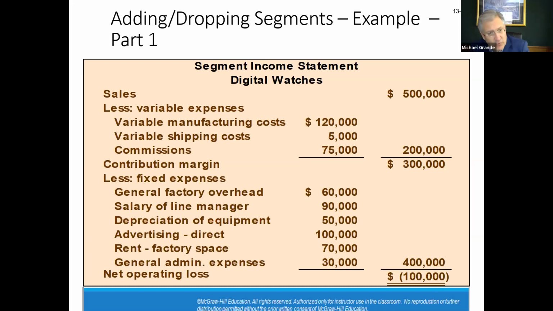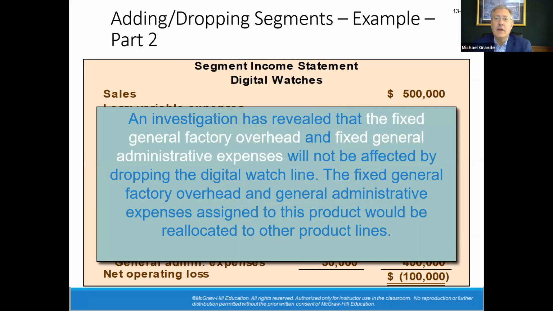The general rule is that fixed costs do not go away, they stay in the business. So you need some additional information. An investigation has revealed that the fixed general factory overhead and the fixed general administrative expenses will not be affected by dropping the digital watch line.